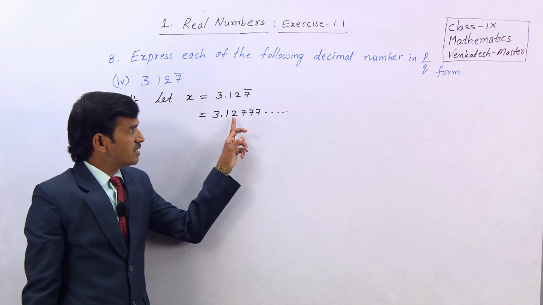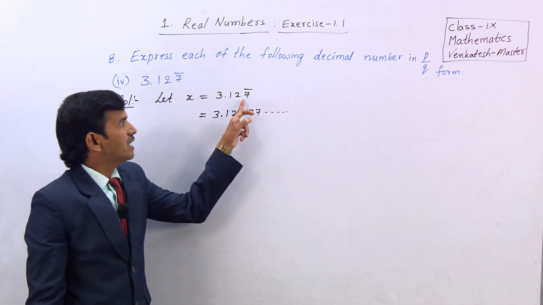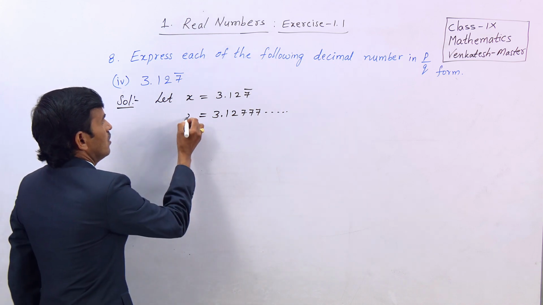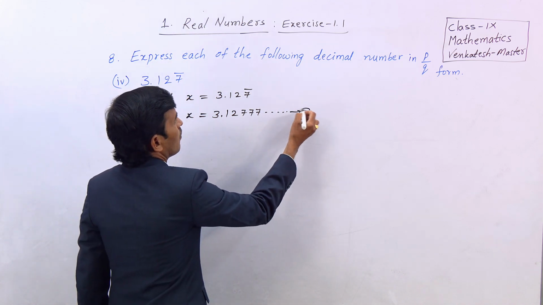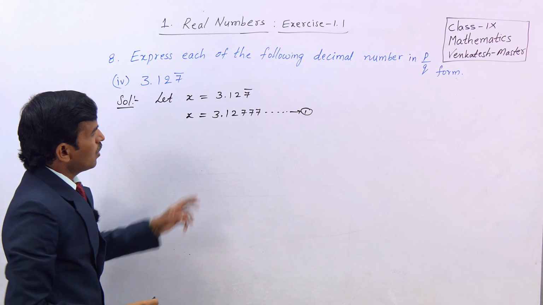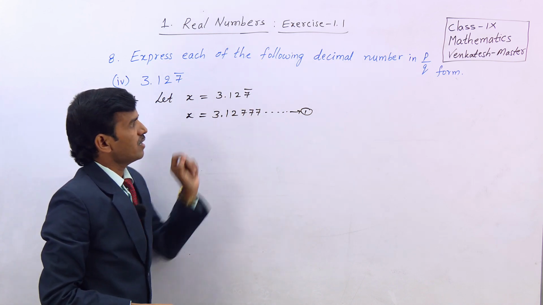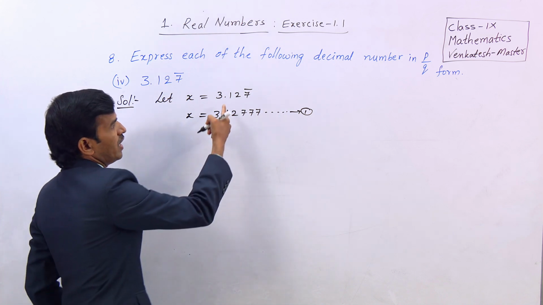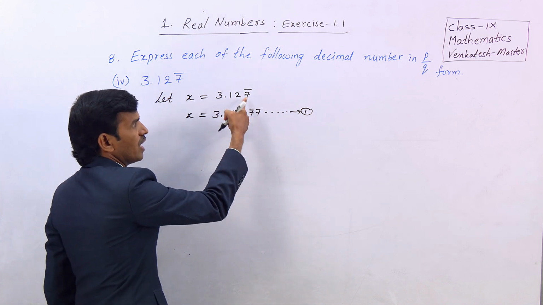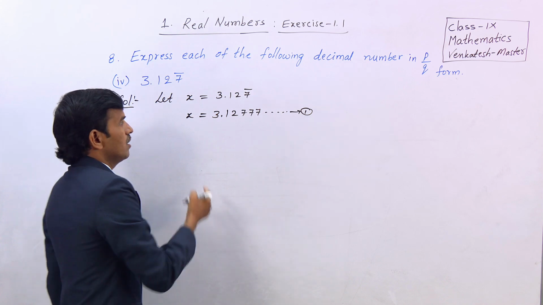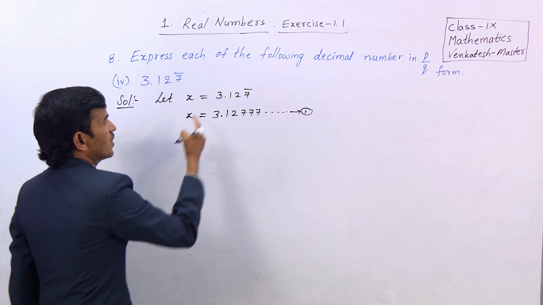Only the digit 7 is recurring as it has the bar. So let it be equation number 1. Now after the decimal point, how many digits are there here? Number of digits including non-recurring as well as recurring. So 3 digits are there after the decimal.